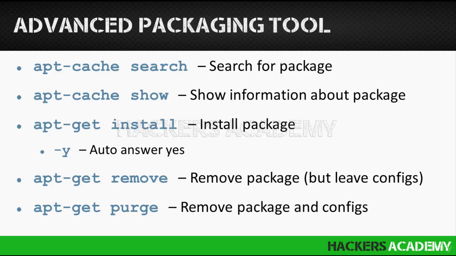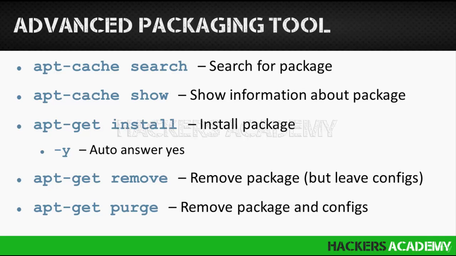If I do apt-get remove, it will remove the SSH package, but it will leave the configuration files. And this is just in case I decide to reinstall it again. I'll have my configuration files intact, so I wouldn't have to reconfigure it all over. But if I decide I don't want it at all and I don't want the configuration files, I can use the purge command, the apt-get purge.